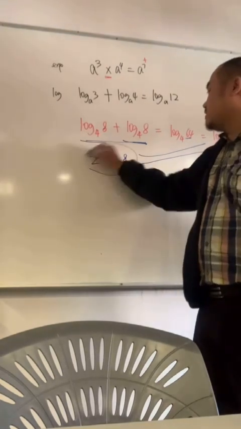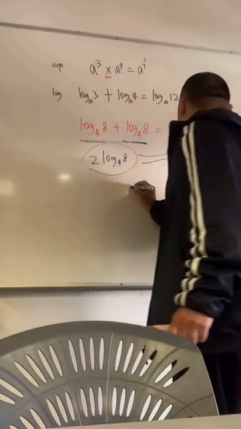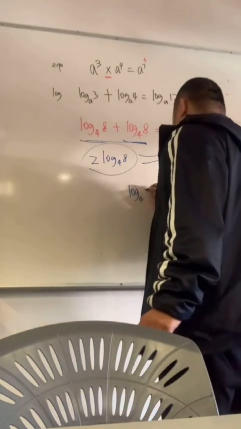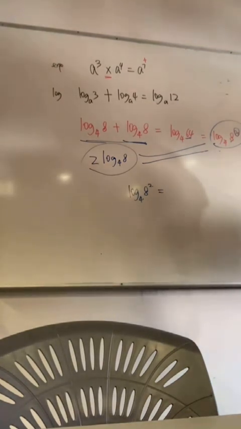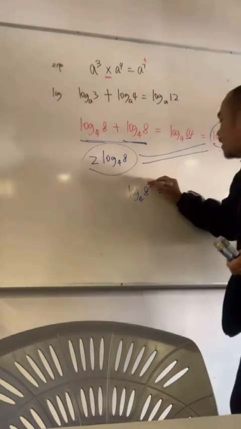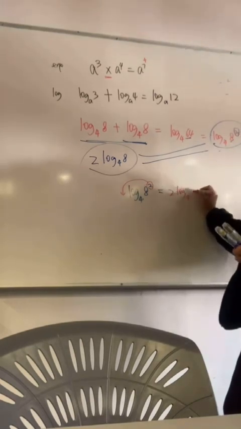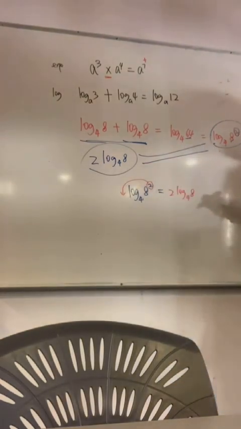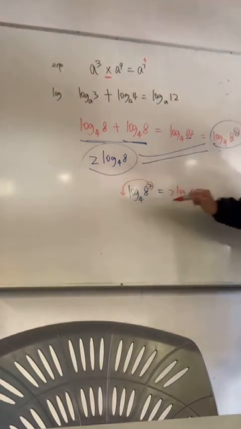So this equals this. And if I write it down, we simply put this square in the front. So this is another law, okay? If you put it in the front, they still equal.